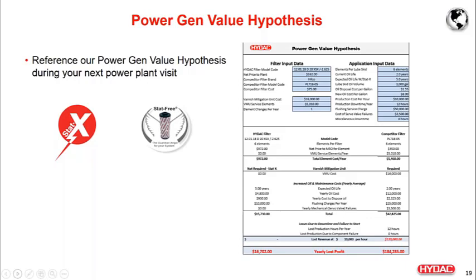And because of that degradation of the oil, they have to use some sort of varnish removal system. Versus the high price of the varnish removal and its maintenance, how utilizing the HYDAC stat-free or StatX technology is going to help reduce their overall operating cost is what we have put together here. And this is a very dynamic worksheet.